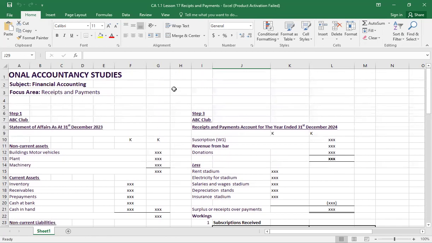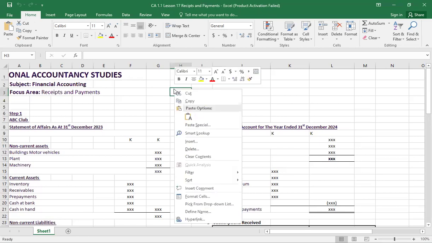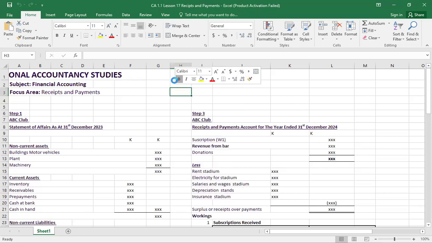Otherwise, the ideas that we've picked up from the preparation of a sole trader profit or loss statement, financial position, they remain the same, all the ideas that we've picked up. But the issue here that we have to remember is that for those businesses that are subscription based, they are not really profit making.